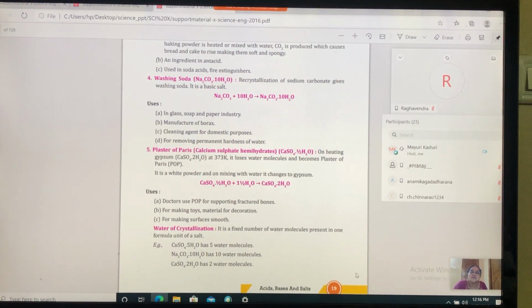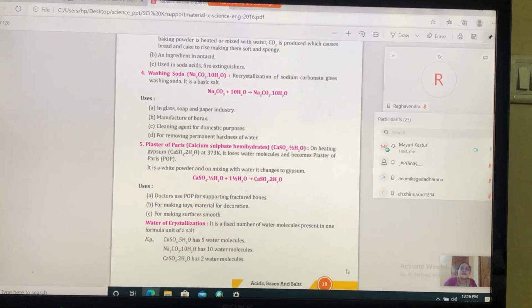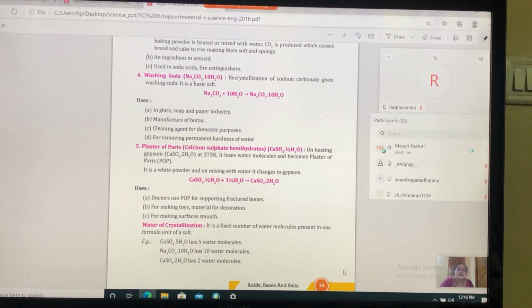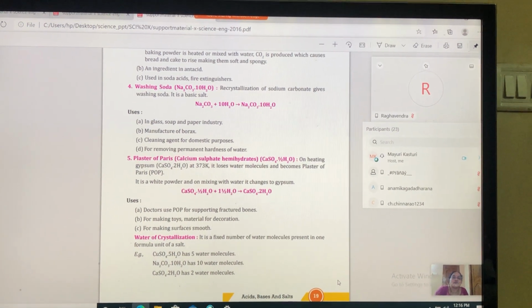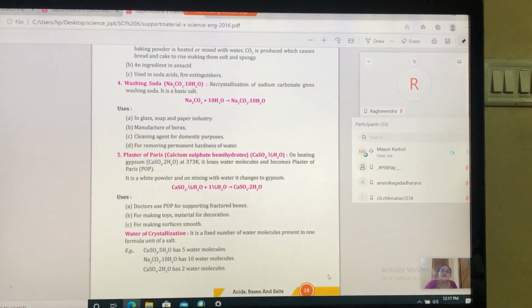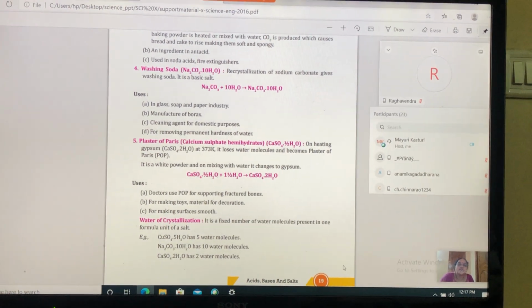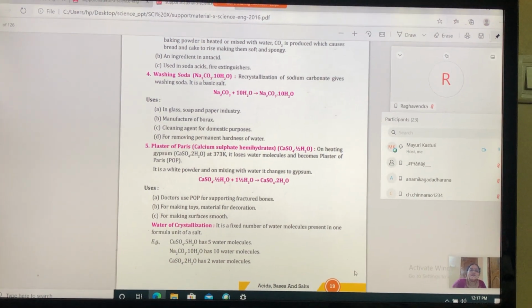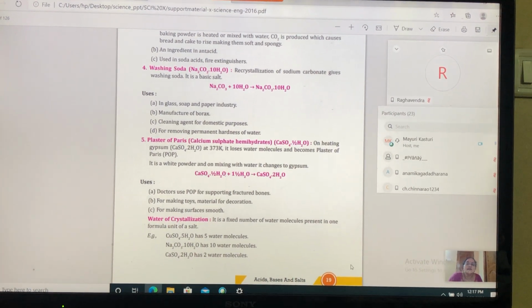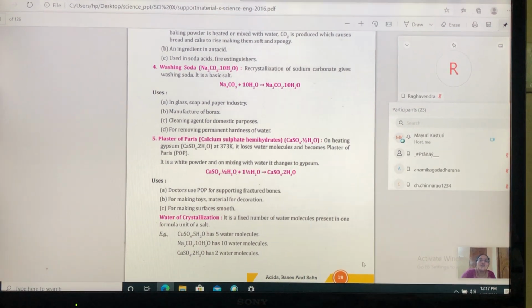Now come to the fifth one, plaster of Paris. What is the formula here? CaSO4.1/2H2O, calcium sulfate hemihydrate. On heating gypsum, what is gypsum? It is CaSO4.2H2O, calcium sulfate with 2 molecules of water.